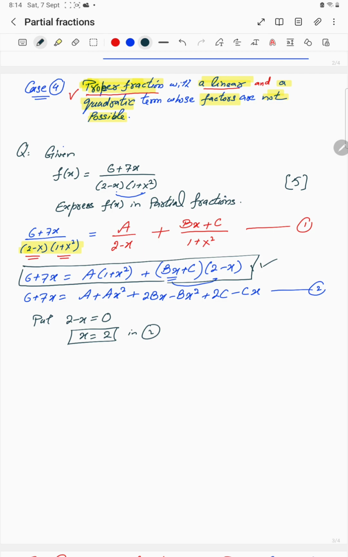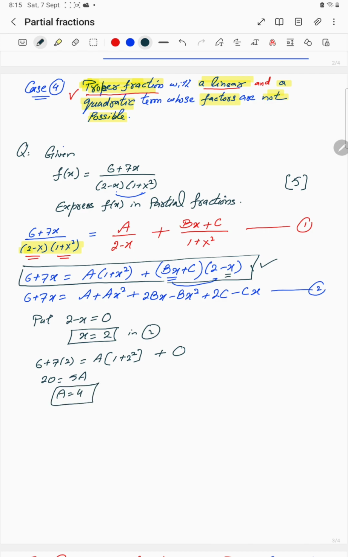If you replace x with 2, then 2 minus 2 is 0, so B and C become 0 and only A is left. So 6 plus 7 times 2 equals A into (1 plus 2 squared), with B and C as 0. 14 plus 6 is 20, and it will be 5A, so A comes out to be 4.